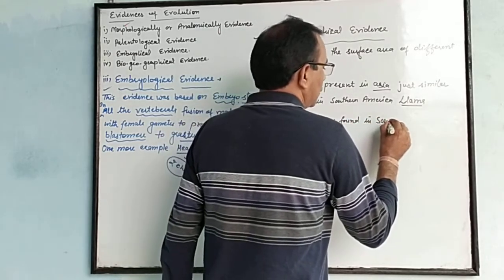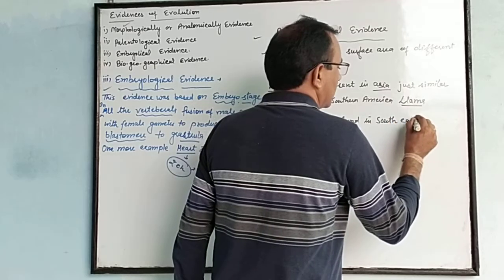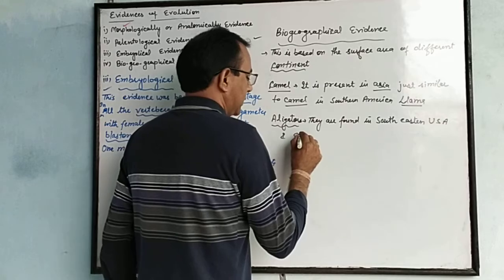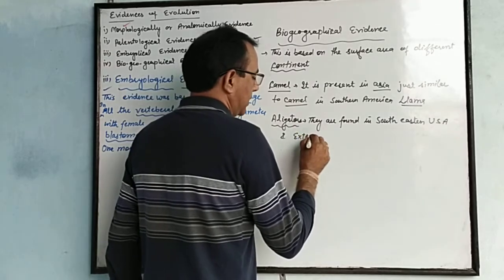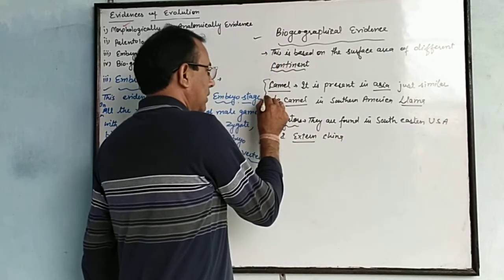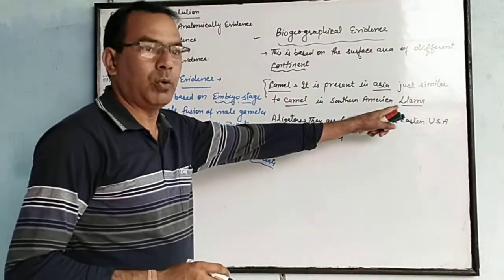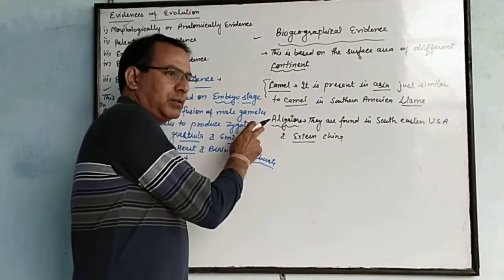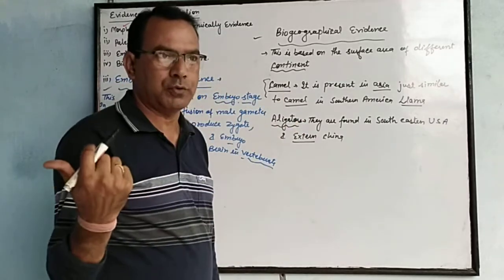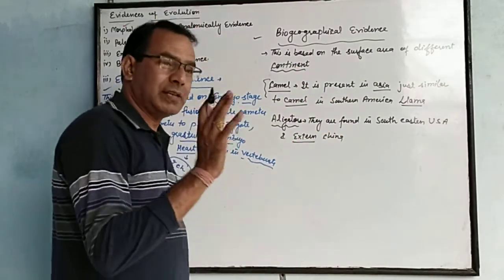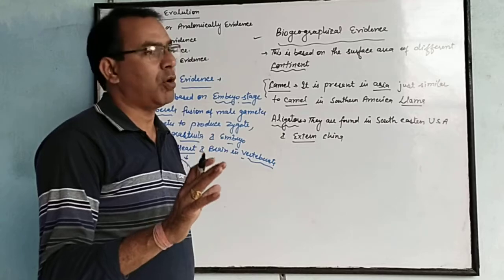Camel just resembles llama, which means they have a common ancestor. And alligators found in southeastern USA as well as eastern China are also similar. It means similar organisms have a common ancestor.